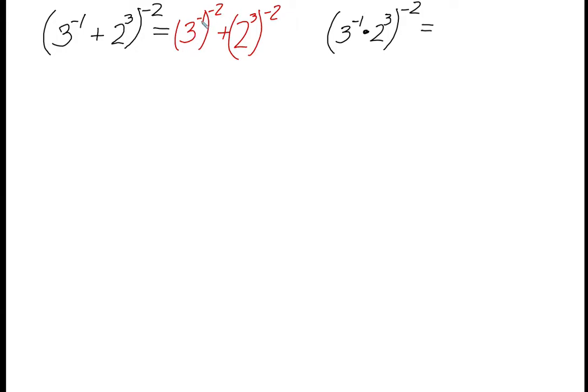When we're taking it to a power, we multiply those exponents and call that 3 squared plus 2 to the negative 6th and go from there. That might be tempting, but it's also very, very wrong.